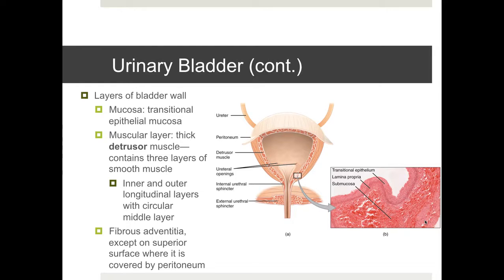And this contains 3 layers of smooth muscle. We have inner and outer longitudinal layers with a middle circular layer. And lastly, we have adventitia once again, all over the bladder except for the very top part of the bladder, which will be covered by our peritoneum.